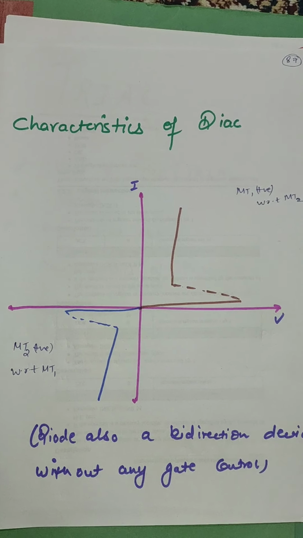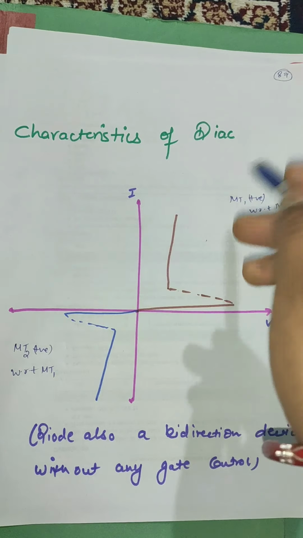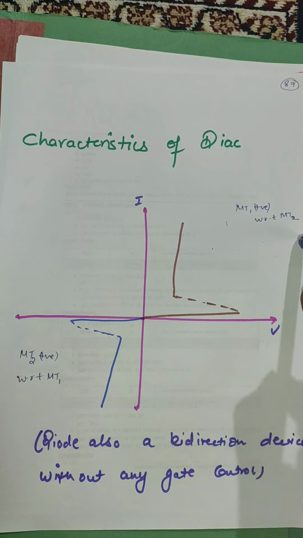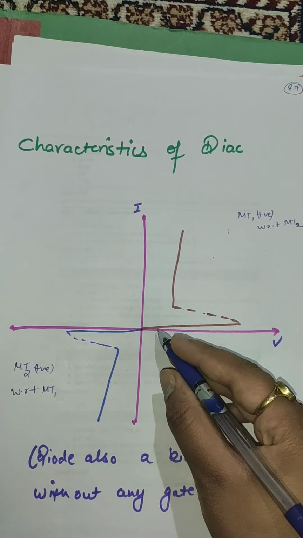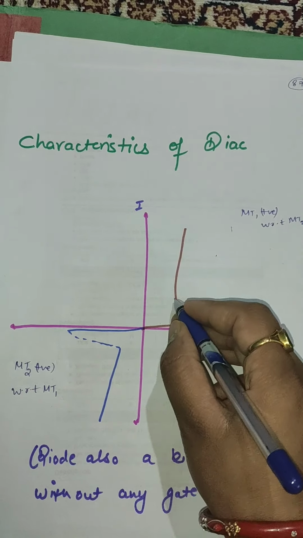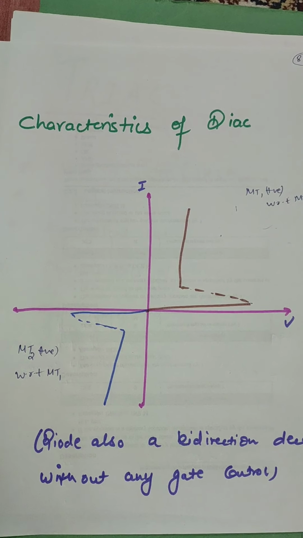This is the characteristic of Diac. The first one: when MT1 is positive with respect to MT2, before breakdown a small minor current will flow. After breakdown, the current will suddenly increase.